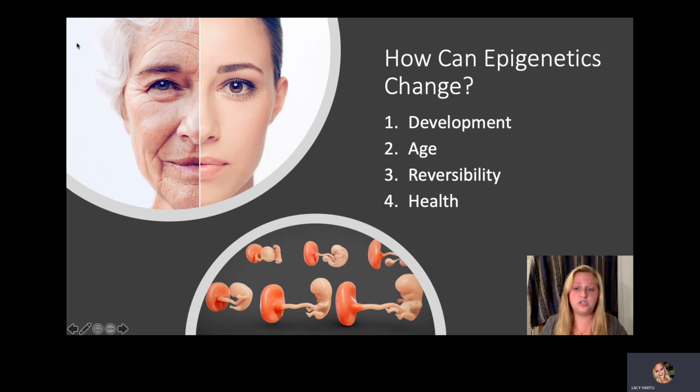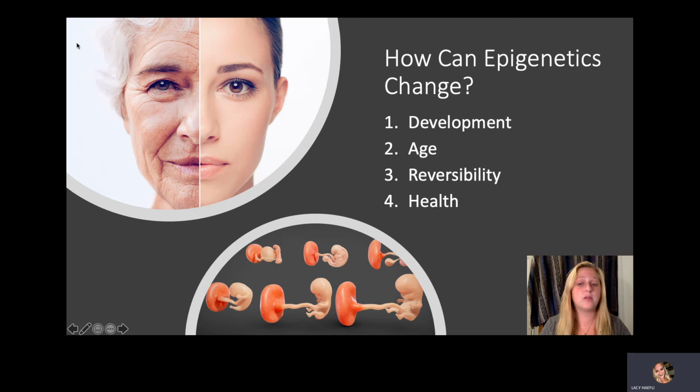And then, of course, nutrition during pregnancy, we know, is super important for not only the health of the mother, but also the health of the baby. But the behavior and environment that a mother has during a pregnancy can change the epigenetics of the baby. And these changes may be short-term, but some of them can be lifelong changes where they may be more susceptible to certain diseases.